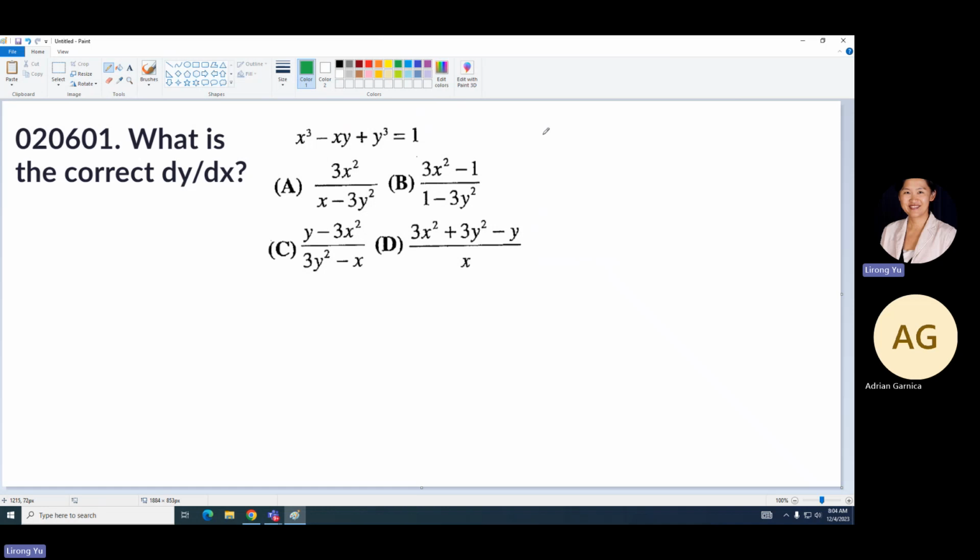Although we know that controls the integration process, we would find the derivative of the left side and the right side. The derivative of the left side equals the derivative of the right side.